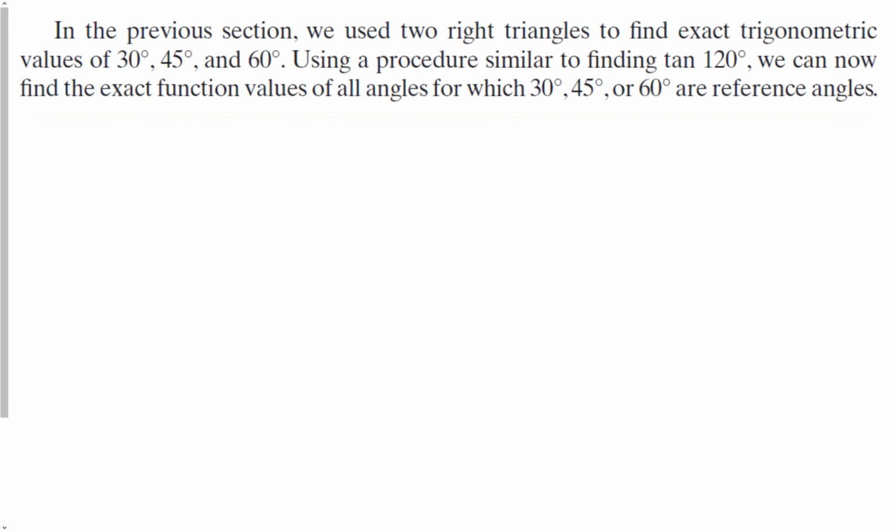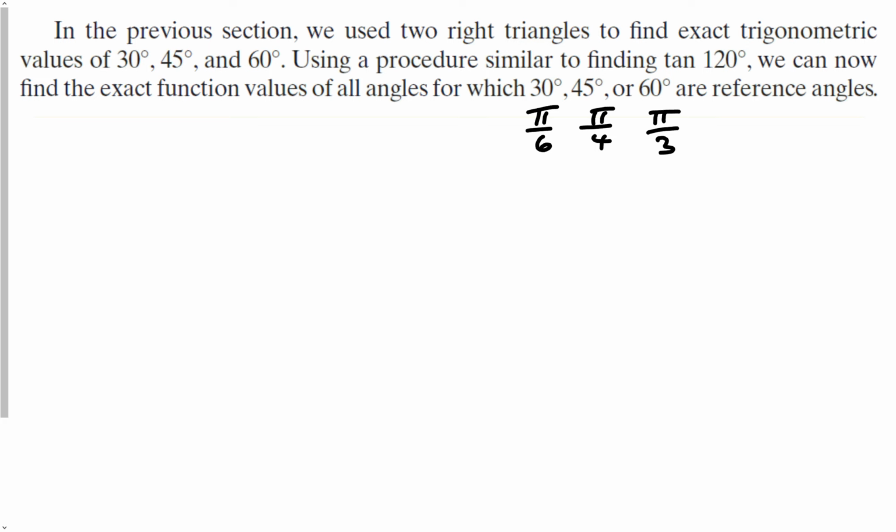So in the previous section, we used two right triangles to find the exact trigonometric values of 30, 45, and 60. And we're going to use the same idea for tangent 120, and we can find all the angles for which pi over 4 and pi over 3 are reference angles.